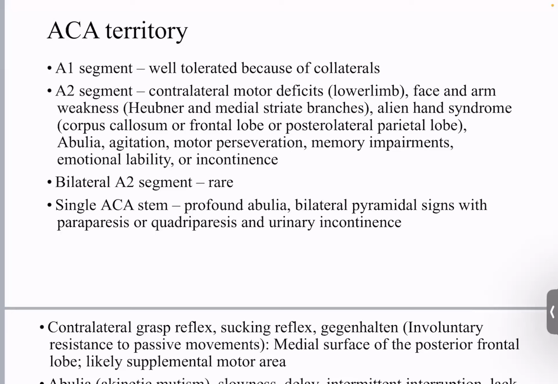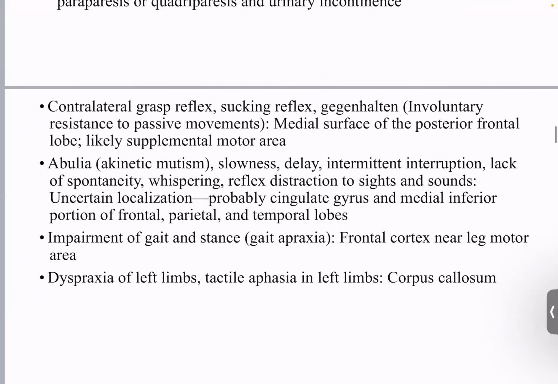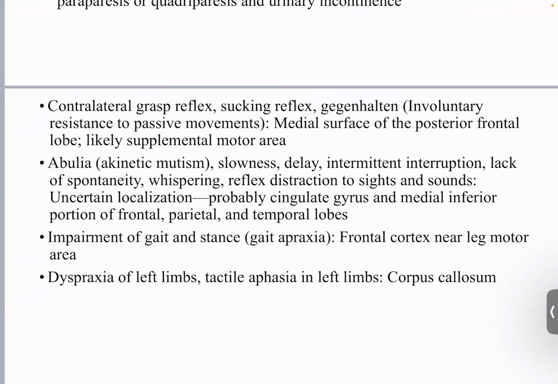So the bladder and bowel symptoms will be more with ACA territory than with MCA territory. Okay. Involvement of the medial surface of the posterior frontal lobe, likely the supplementary motor area, can cause contralateral grasp reflex, sucking reflex, and gegenhalten, that is involuntary resistance to passive movements.